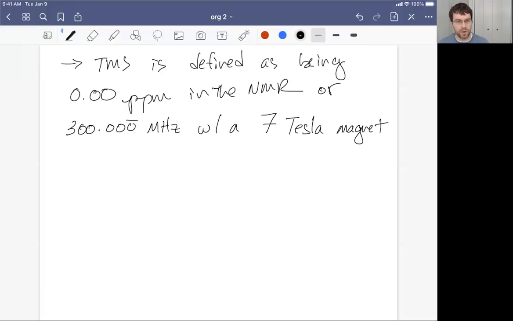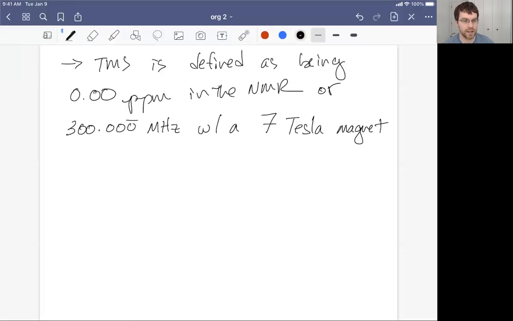And like I said, water's at 300.000456. So they all kind of are moving around. None is exactly 300. Well, what we've decided is that TMS is actually quite a bit different than all the other hydrogens. So we're going to set that one equal to 300.00. It's just a choice. TMS is 300.00, and then we're going to reference everything else to it.